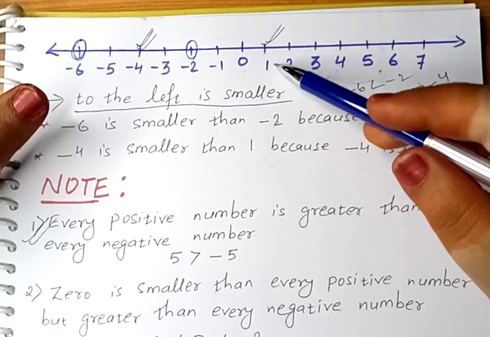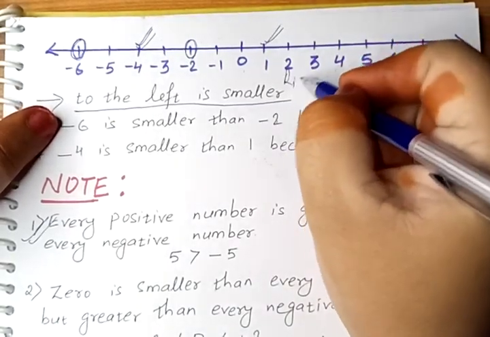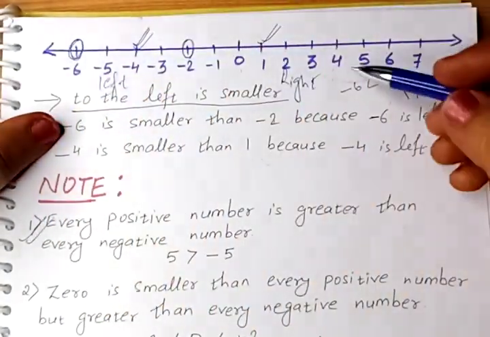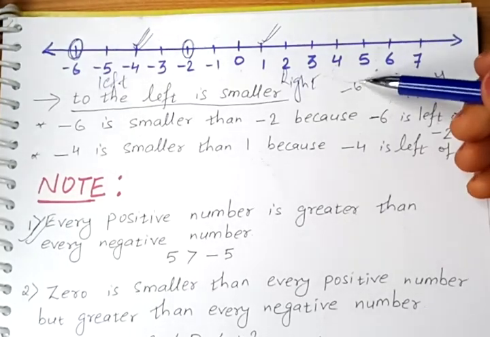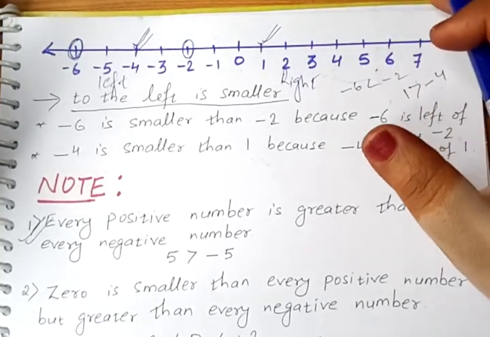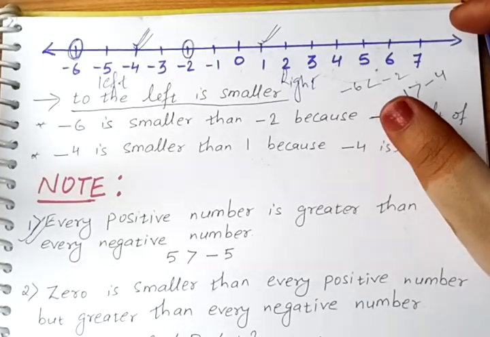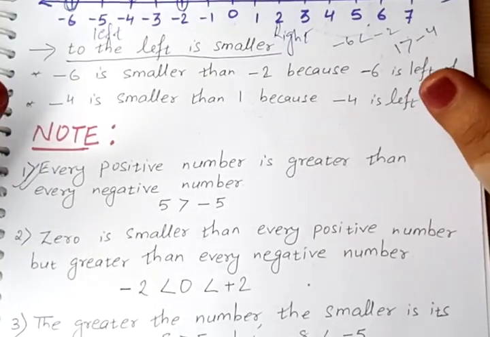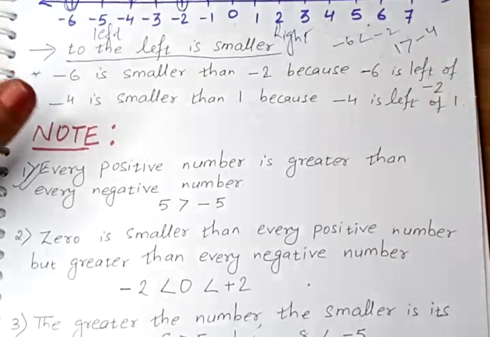All the positive numbers are on the right side of negative numbers. It means all the positive numbers are greater than all the negative numbers. That's why the first rule is, every positive number is greater than every negative number.